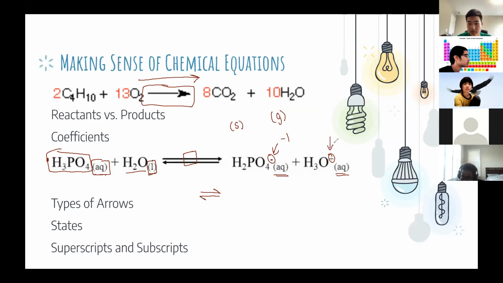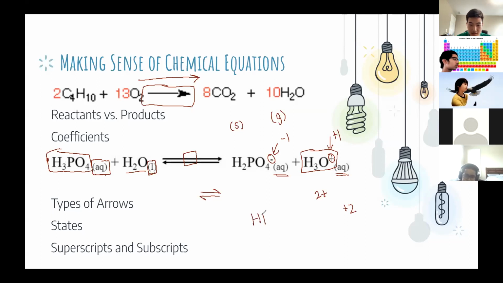A single plus sign means a +1 charge for this specific thing. If you see 2+, that means a +2 charge. It's usually not written like +2. For example, if I had HPO4 2-, you would want to write it as 2-, even though you would think of it as a -2 charge.